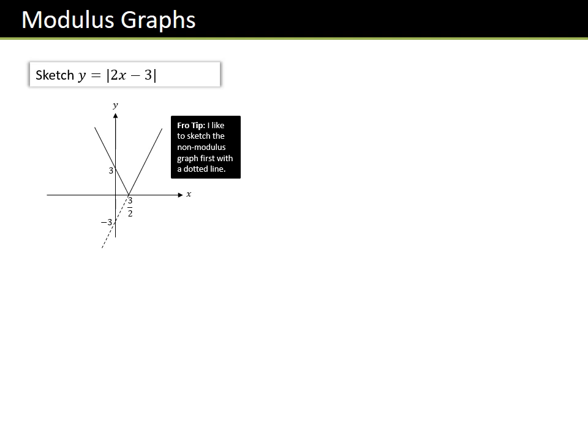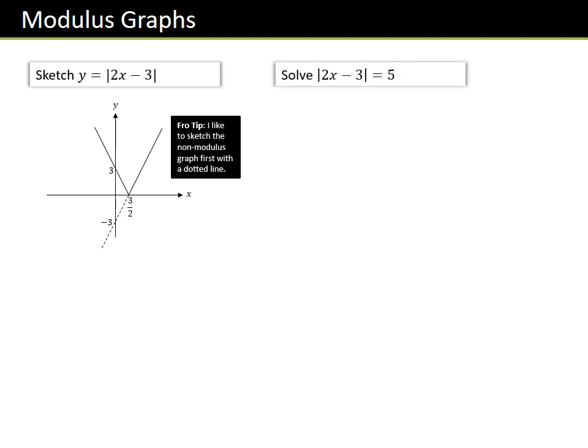And then, with the dotted line, this part below, I would ignore this part and reflect it here to create this. So I sketch my normal graph in, and then I do a reflection of anything below the x-axis to create my modulus graph, because my modulus graph is always the non-negative values. So this is my sketch of y equals the modulus of 2x minus 3.